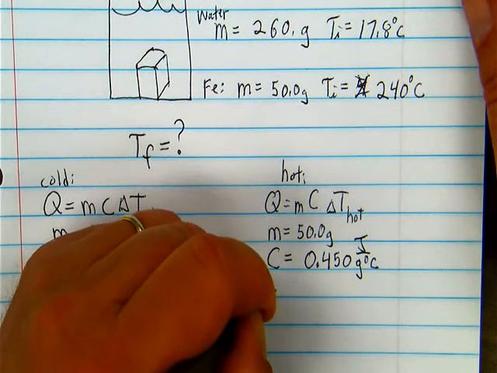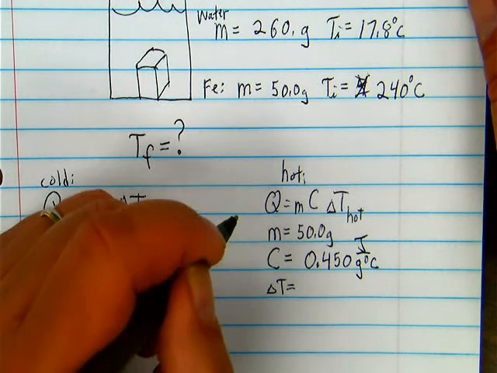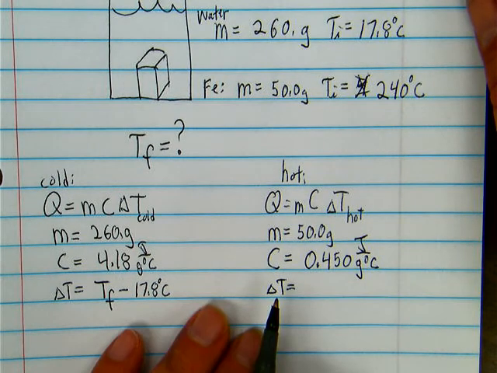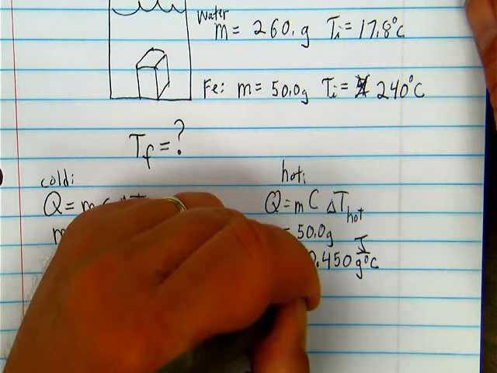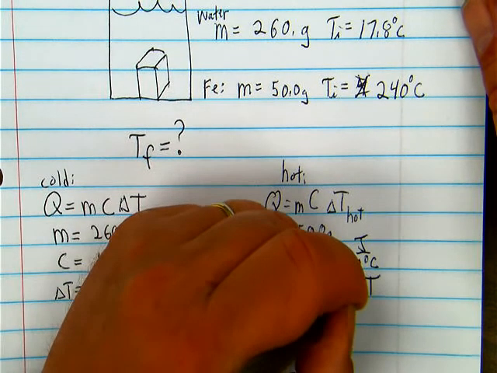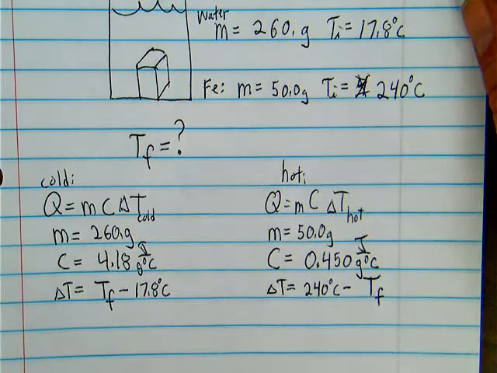And the change in temperature for the hot stuff cooling down, I am going to write it backwards again, as initial temperature, 240 degrees C, minus the final temperature, which we don't know.